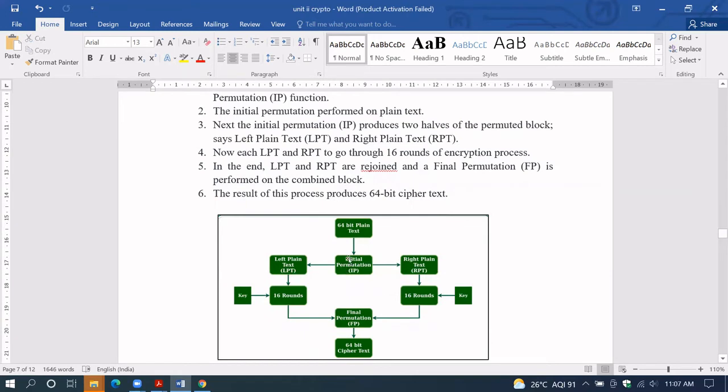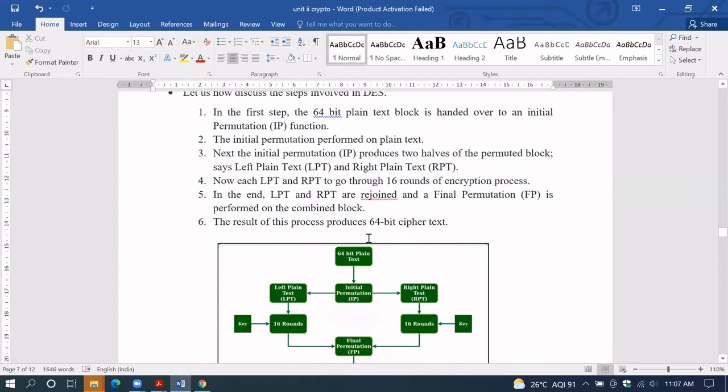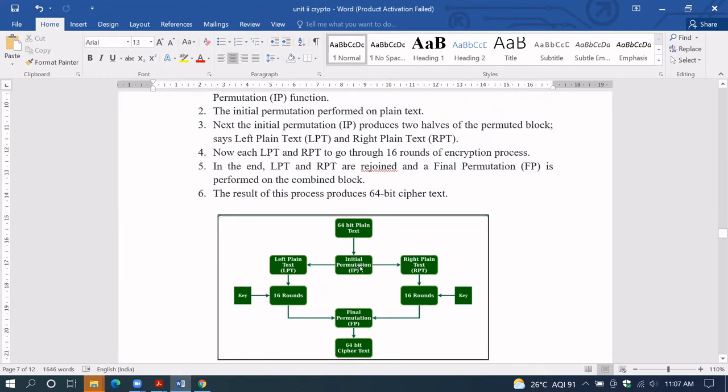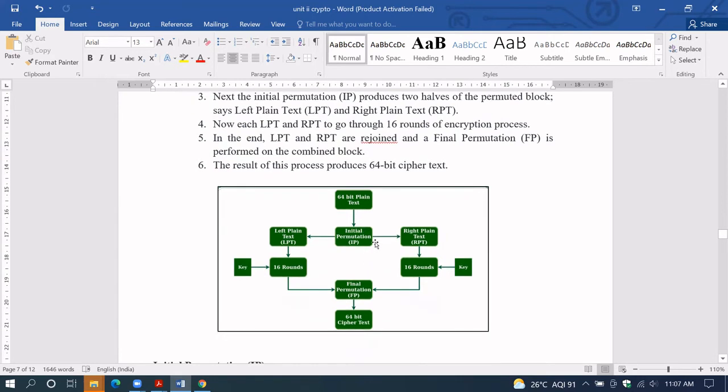Okay, so what is the first step? A 64-bit plain text block is handed over to the initial permutation function. Then the initial permutation is performed on the 64-bit plain text. Next, the initial permutation produces two halves, a left plain text and a right plain text. Left plain text and right plain text go through 16 rounds of the encryption process.